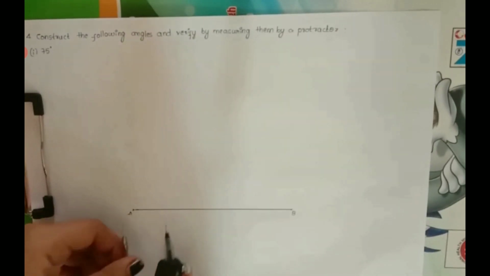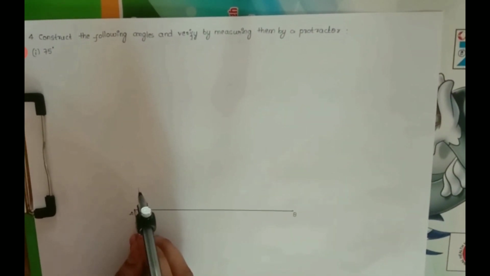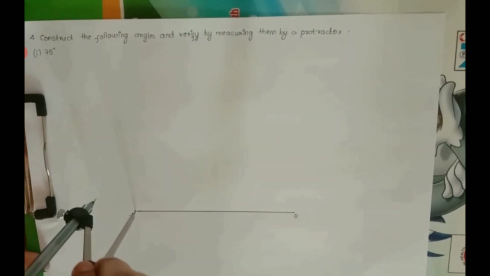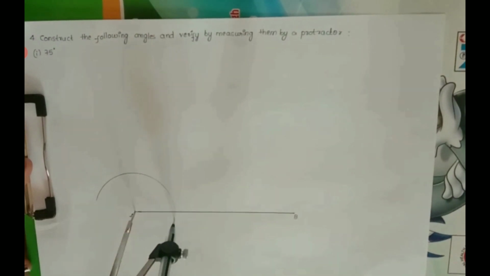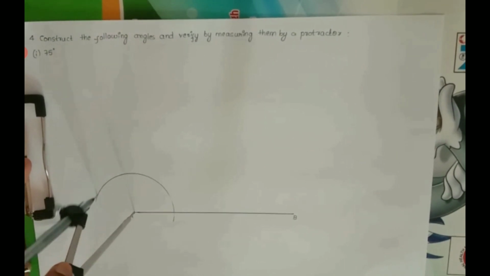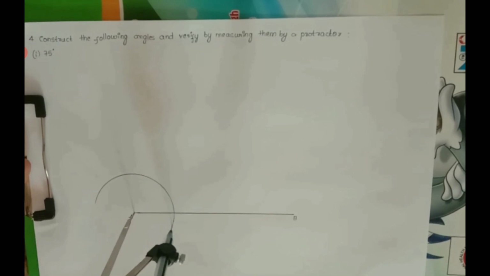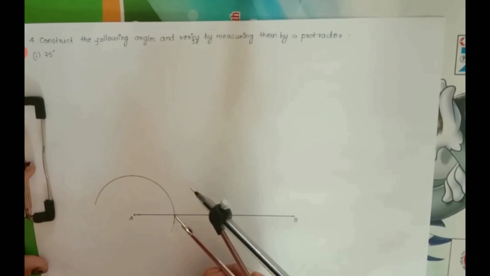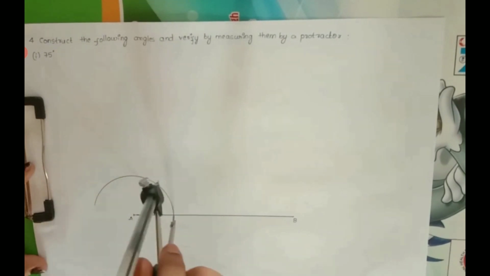First let us construct 60 degree angle with a convenient radius. Draw the arc to cut the line AB at one point, that you know it already. Take a radius of convenient length. See here, that arc cut the line at one point, and with that point as a center, the point at which arc cuts the line AB, at that point you keep the compass.